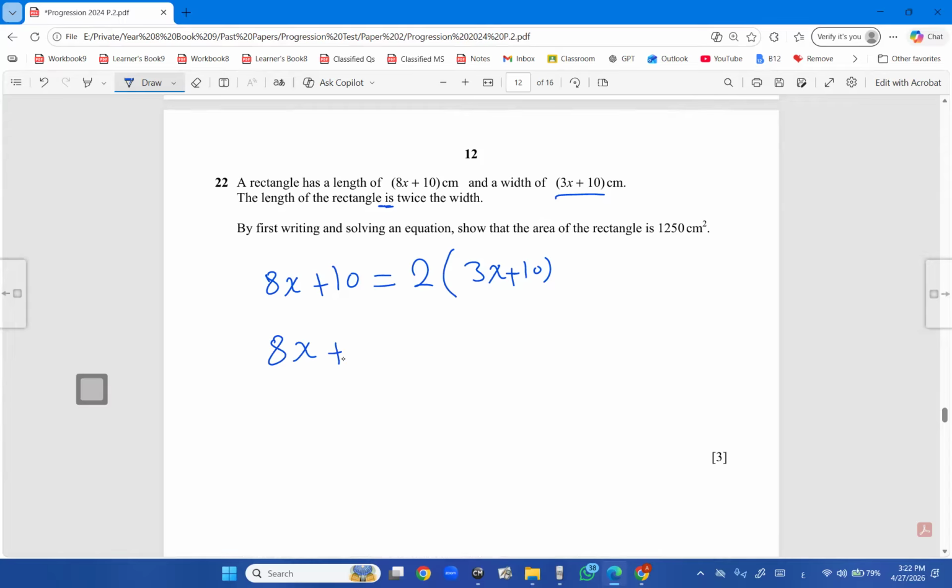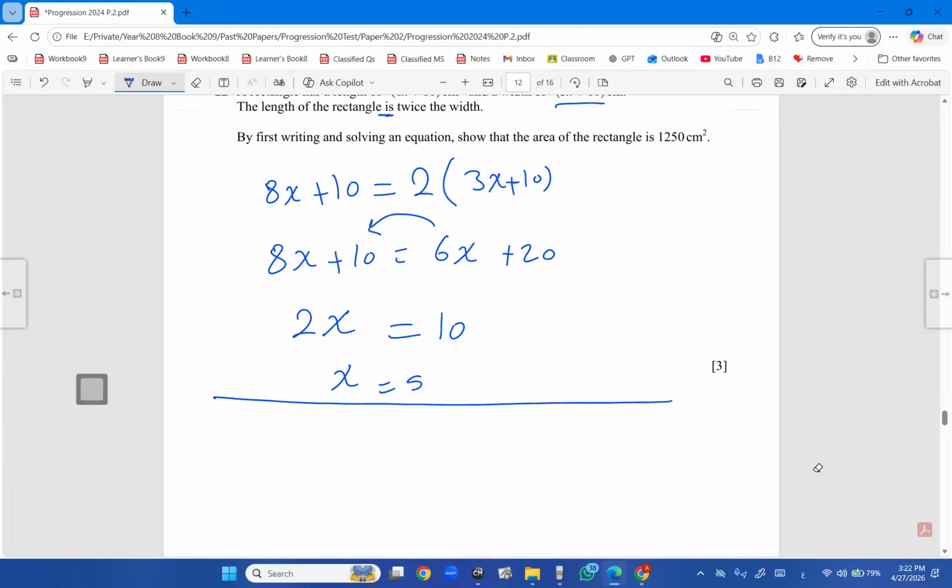This is 8x plus 10 equals 6x plus 20. Collect the like terms, sending the 6x over there, -6x. So 8x minus 6x is 2x equals the 20 minus the 10. I'm going to send the 10 to the other side here, -10. So 20 minus 10 is just 10. So x is what? X is 5. Perfect. Now I found the x.